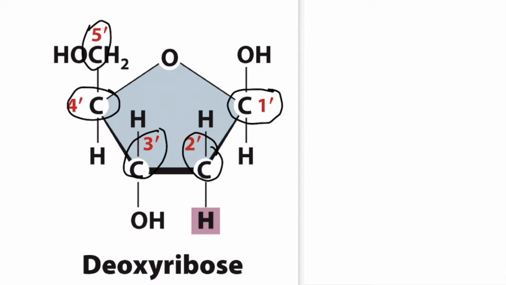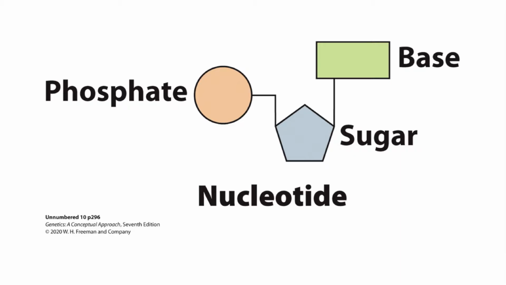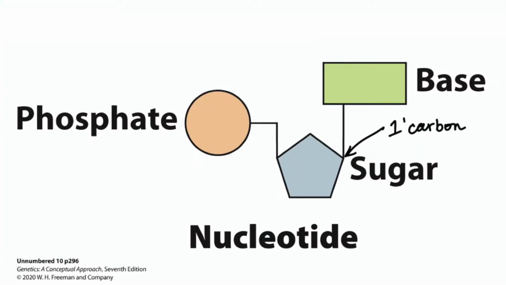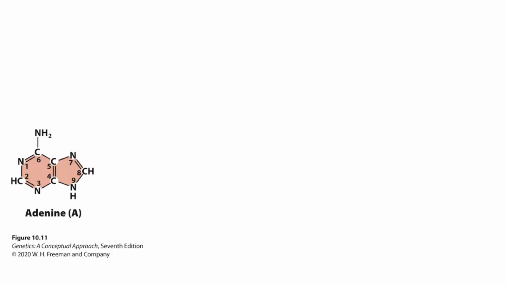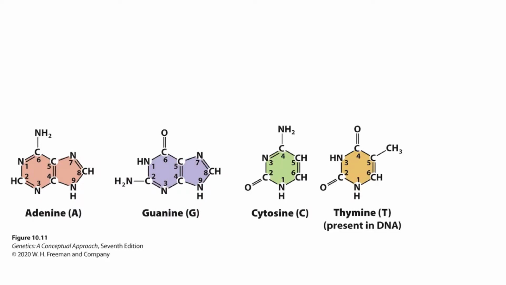nucleotides fit together. The second component of the nucleotide is the base, which is attached to the sugar at the first prime carbon. Now, for DNA, there are 4 types of bases: adenine, guanine, cytosine, and thymine. And these 4 base types can be separated into 2 separate categories.